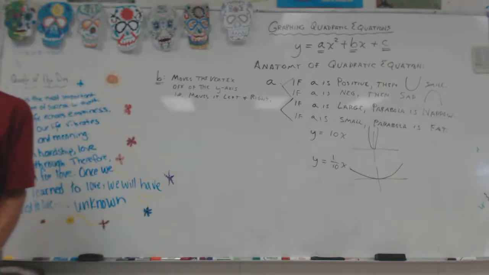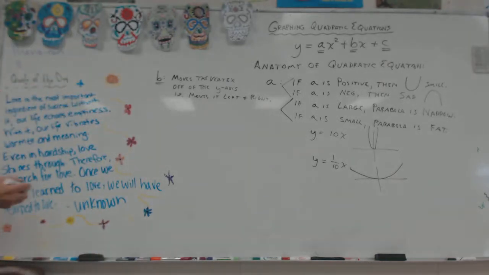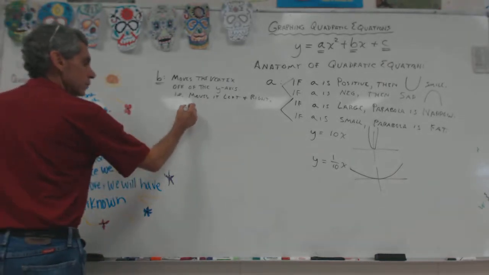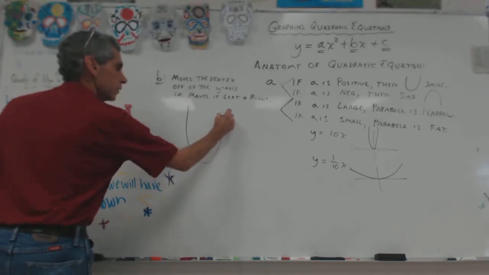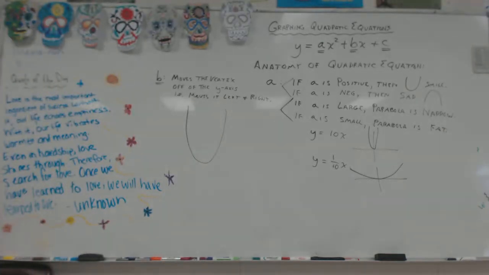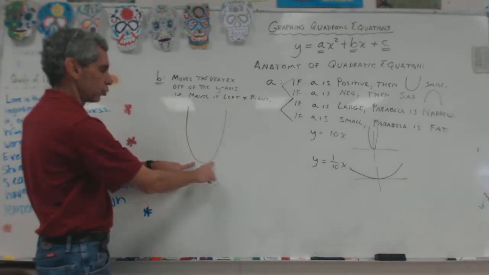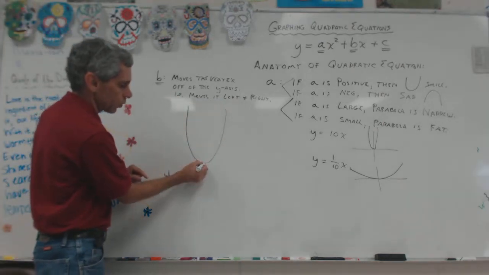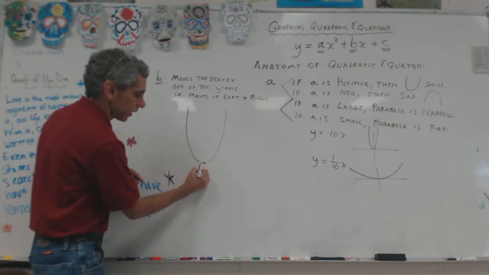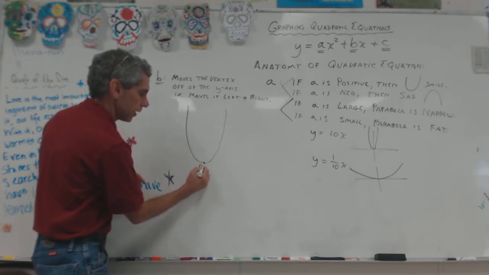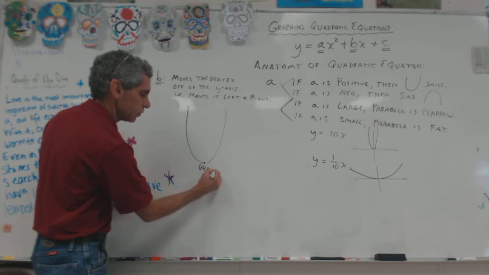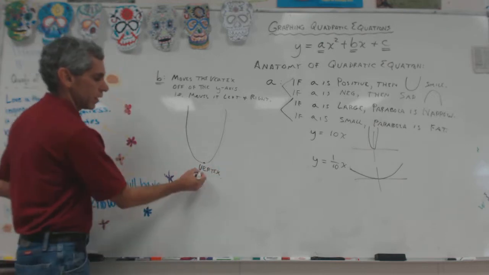So think about a parabola. What is the vertex of the parabola? Anybody know? Point where two sides meet. Yeah, there's two sides, and they meet right there at the point. That is the vertex.